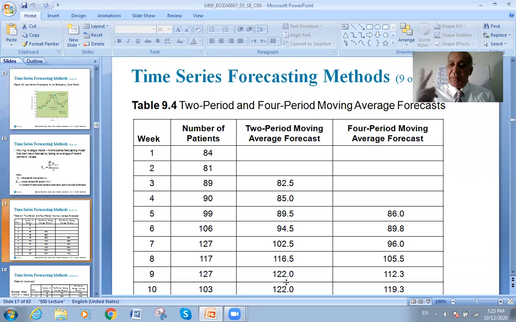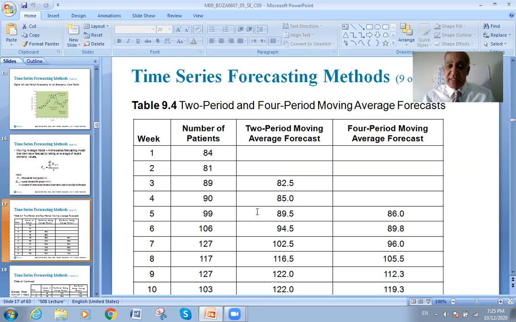If they tell you 2 period moving average, you will collect each two numbers and divide them by two, then put them in the following. I will give you an example, and it will be complicated like this in your assignments. I will give you a very easy one, but I will explain all of it so you can all do it.